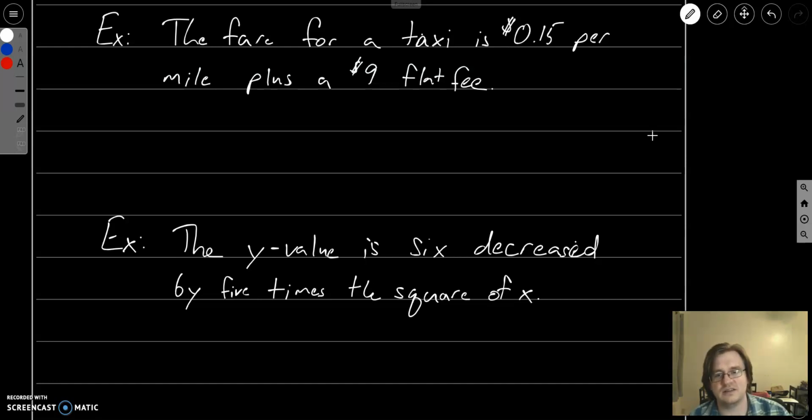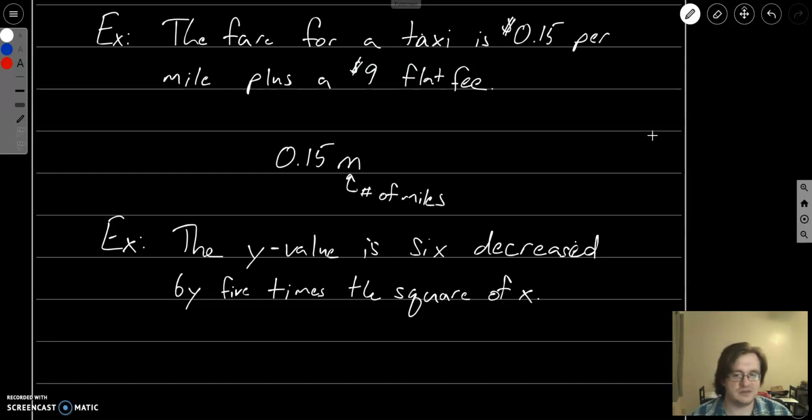after we take the taxi, and at 15 cents per mile, this will mean that we'll take that 15 cents times the number of miles that we have to go. So we'll just use m to represent the number of miles. This will be a variable, plus a $9 flat fee.